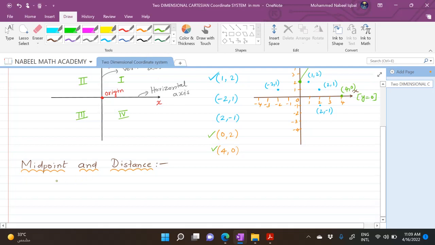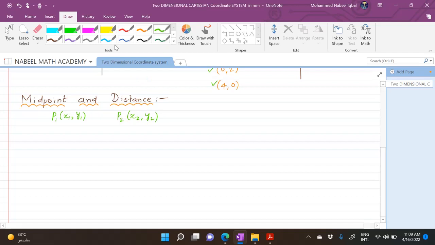If you have P1 as (x1, y1), one point, and another point P2 as (x2, y2), I can calculate the midpoint. The midpoint is given by the formula (x1 plus x2) over 2, so you take the average of the x coordinates, and here (y1 plus y2) over 2. So this is the midpoint formula.